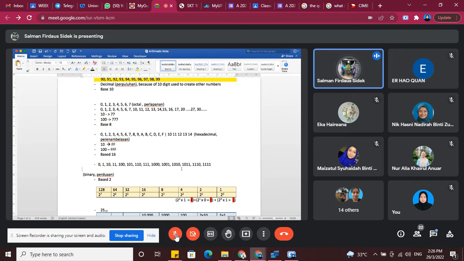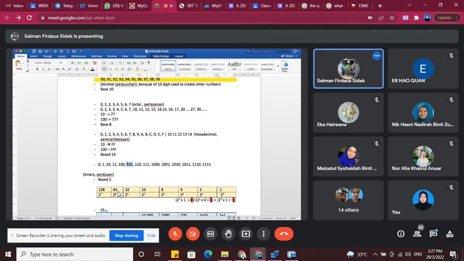How to check whether this code is correct or wrong? 0 is 0, 1 is 1. Then 10 is 2: 2 plus 0 is 2, correct. This one is 3: we use 2 and 1, so 2 plus 1 is 3. 100 is 4: 4 plus 0 plus 0 is 4.